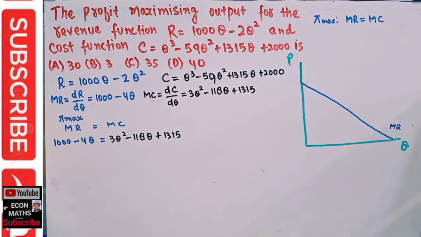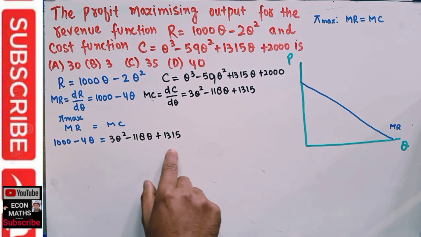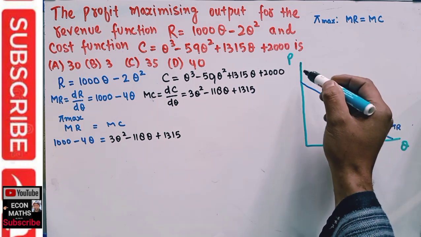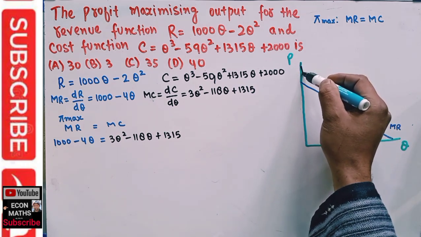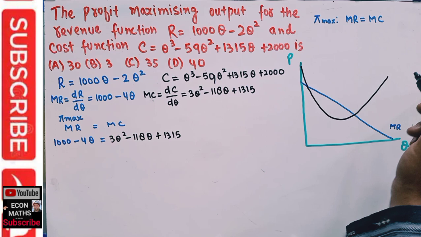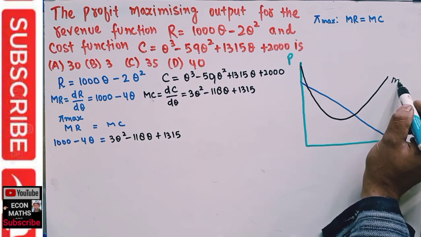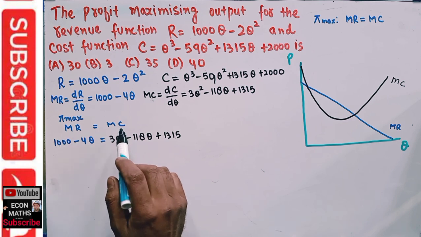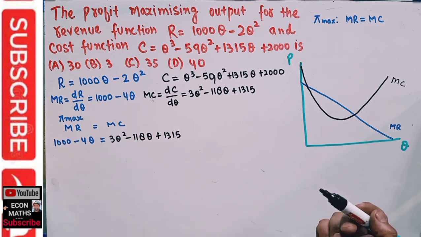Also we have the marginal cost function. This is a quadratic one, and its intercept is 1315. Our marginal cost function will look like this. As we know, marginal revenue equates with marginal cost for profit maximization.